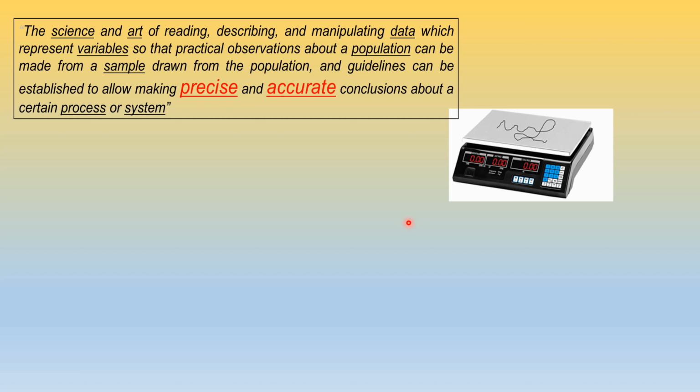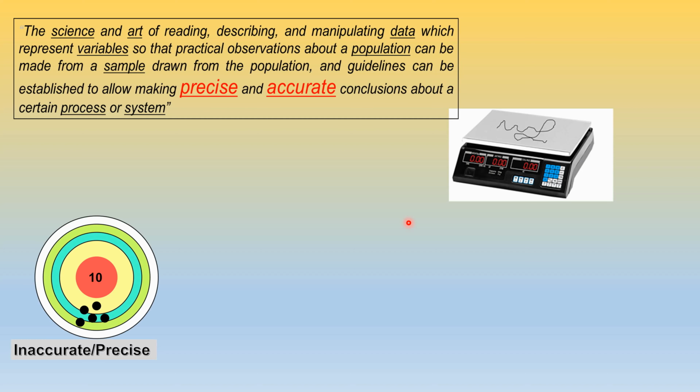When can we call data precise and when can we call data accurate? Pay attention now. Imagine the dart and arrow game that we play, and we're trying to hit this target here, which is 10. Look, guys, you can use a practical example. Suppose we have a small fiber that we put on a digital scale, and we're trying to weigh this fiber.